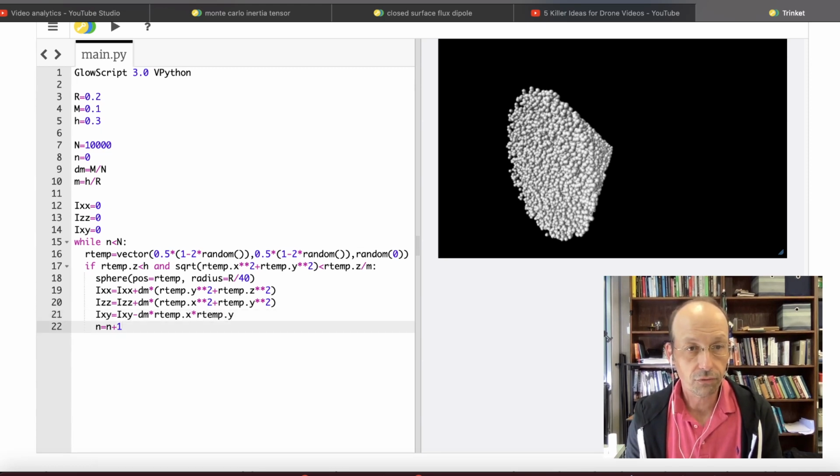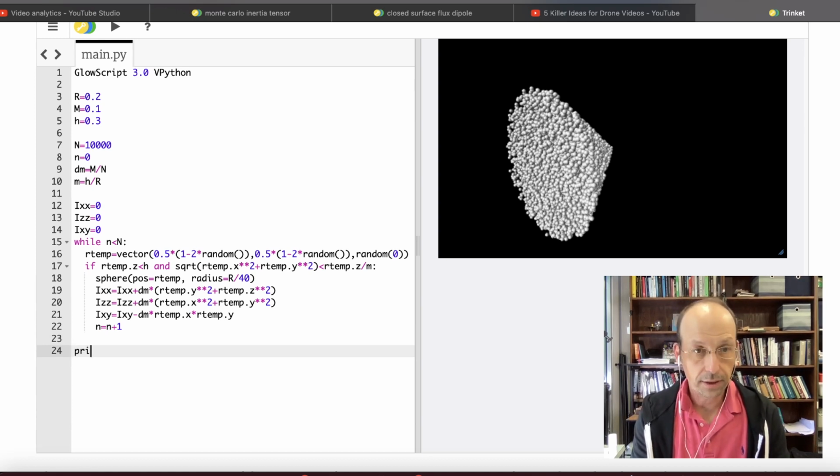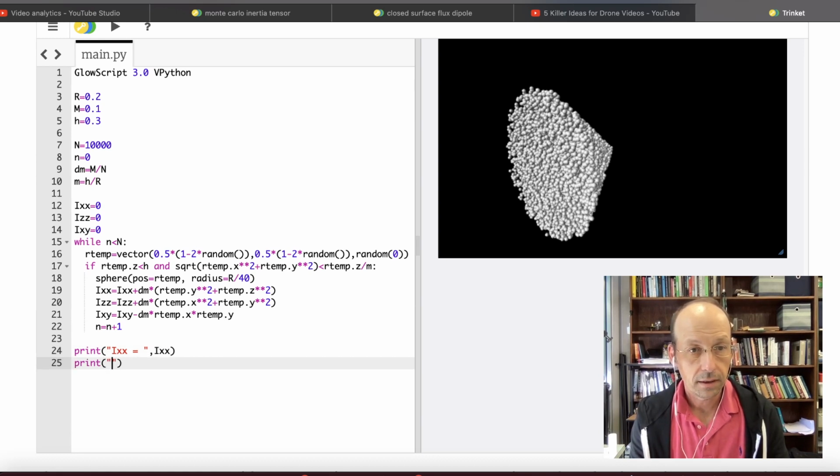Okay, so then let's run that and print these things out. So let's say print IXX equals, I'll leave off the units because I'm lazy, IXX, print IZZ equals IZZ, print IXY, IXY.